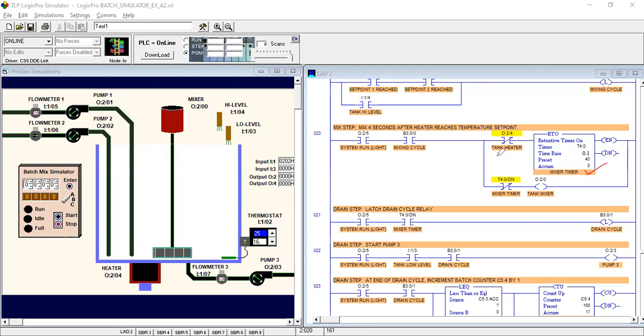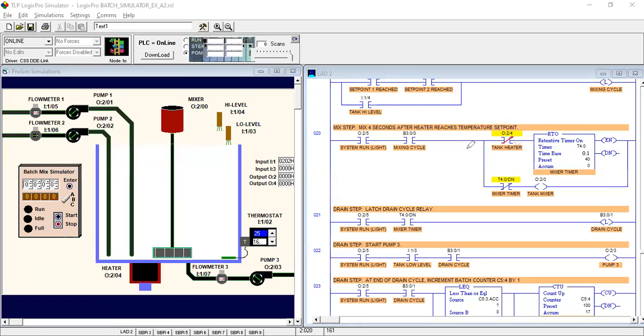This is the mix timer, which works for the mixing. We take 40 seconds for the mixing, and it can be increased or decreased according to your application. You can take 10 seconds, 15 seconds, 2 hours, or 1 hour. And here we have to connect the tank heater.